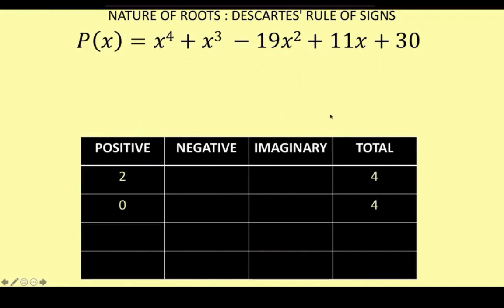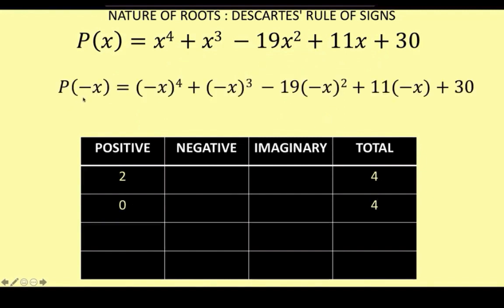Now, for the negative real roots, we find p of negative x. That means replace the variable x with negative x and simplify. And so p of negative x is now equal to x to the fourth minus x cubed minus 19x squared minus 11x plus 30.